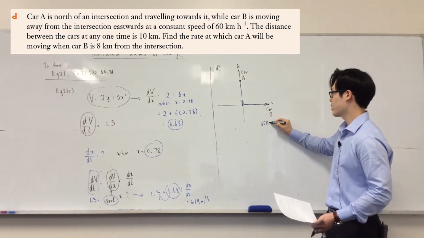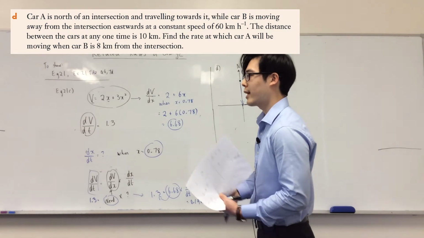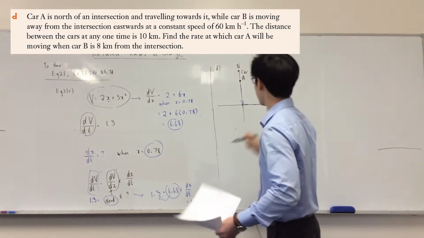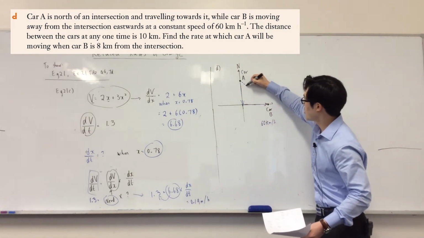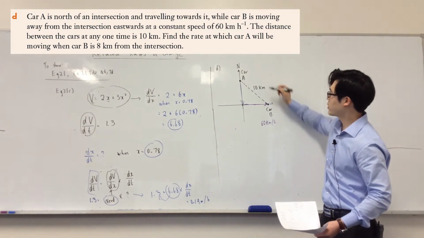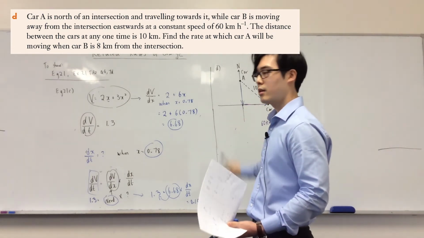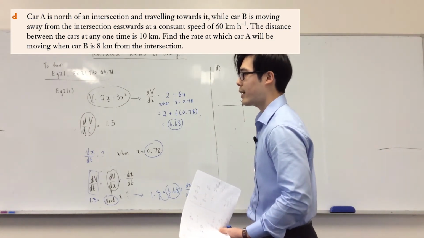Okay, hold on. Just trying to make it look neat. Okay, now, the distance between the cars at any one time is 10 kilometers. So what they're saying is that's always going to be the case. Now, are we good so far? Find the rate at which car A will be moving.